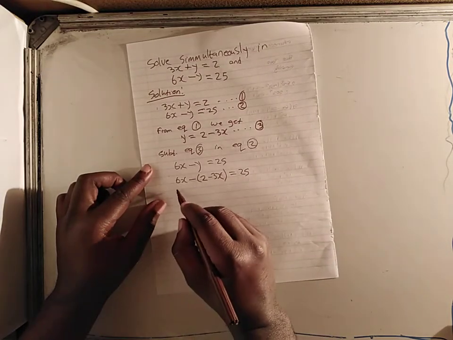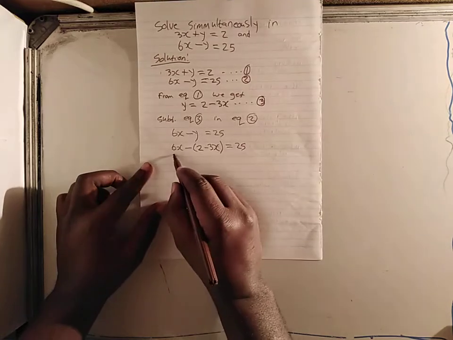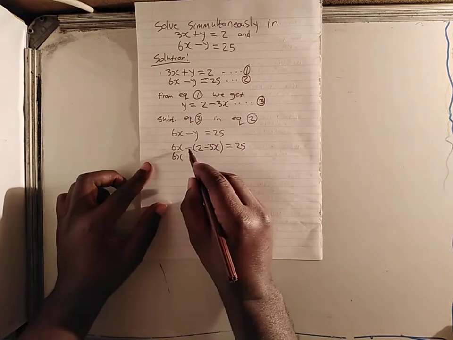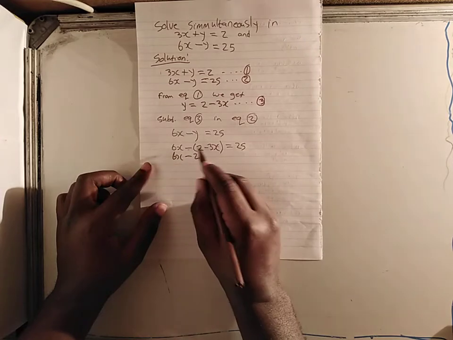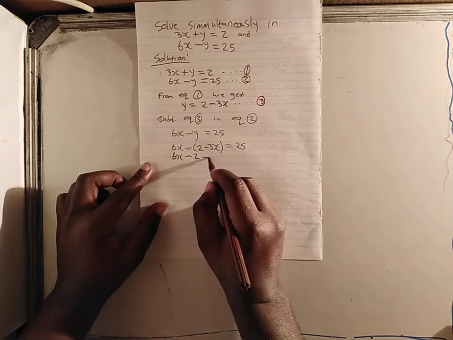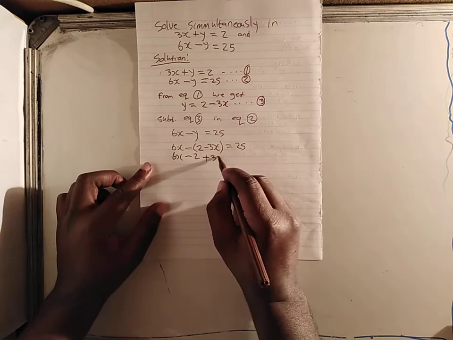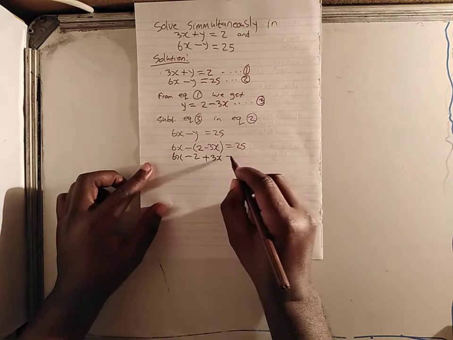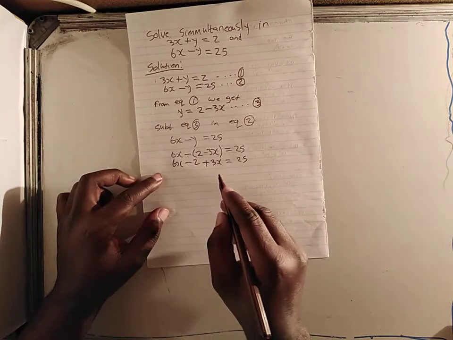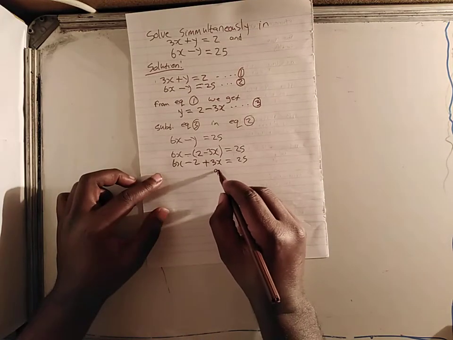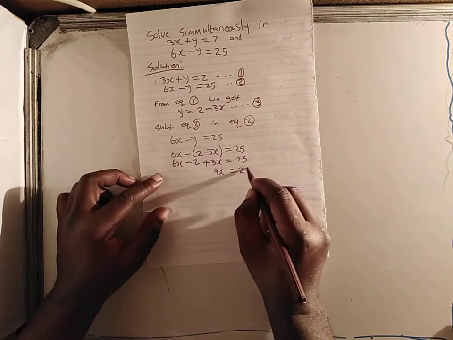Okay, 6x remains as it is, and then minus times 2 gives minus 2, and minus times minus 3x gives plus 3x, which is equal to 25.